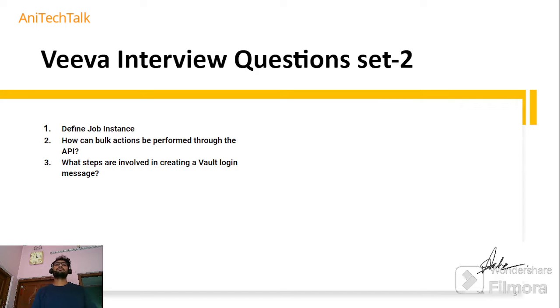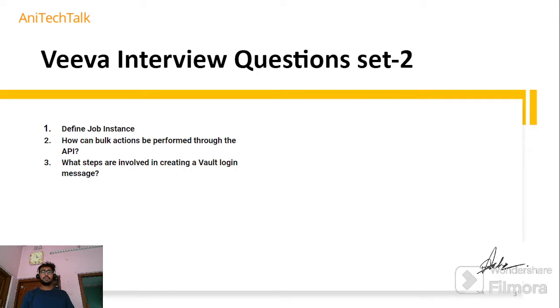That can also be done through a bulk action. Or let's say you want to initiate multiple workflows, that can also be done through a bulk action. But the thing is, you need to understand how that can be done through API. So try to find out the answer, and I'll definitely share the answers with you in the next session.